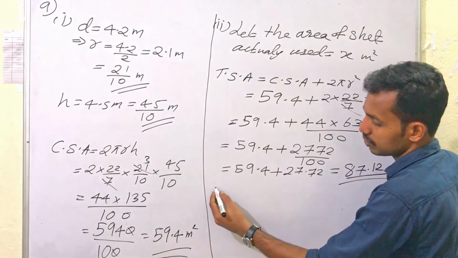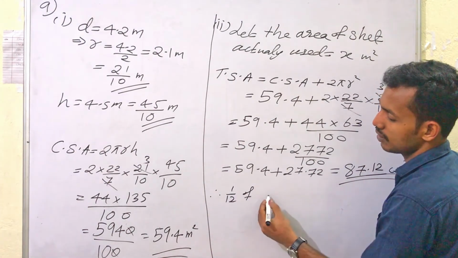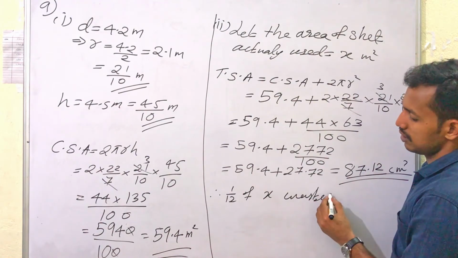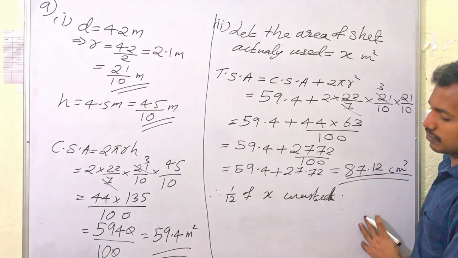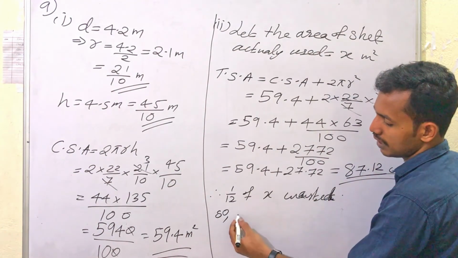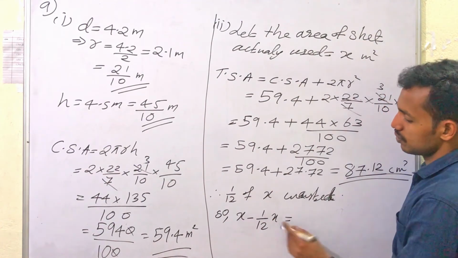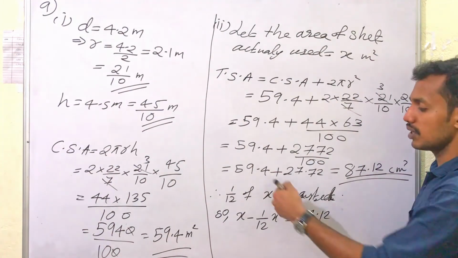Clear? Then come to the question. According to the question, 1 by 12th of x is wasted. That is, of the total sheet used, this much is wasted. Clear? That means x minus x/12 should be the area of this cylindrical tank, because 1 by 12th is wasted.